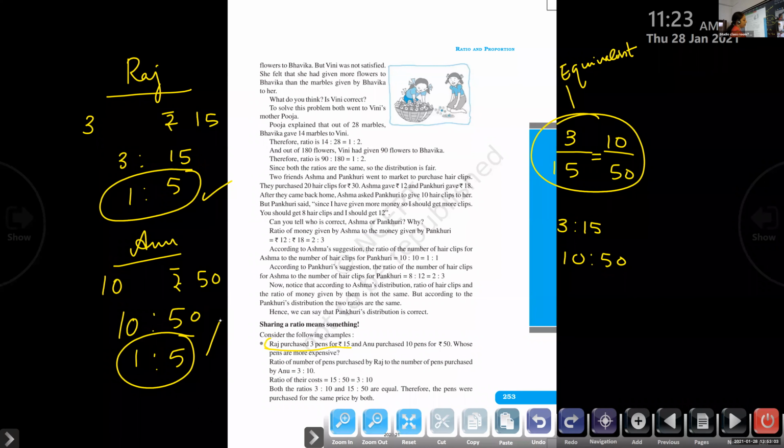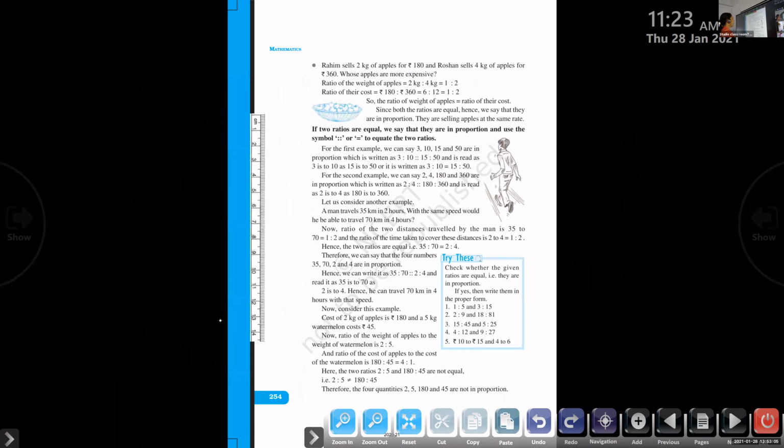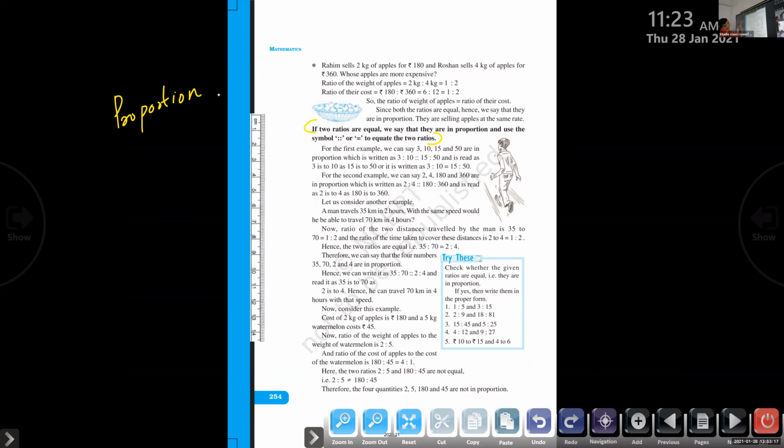Now, one more thing. See, children. Can you see this? Will you write the heading, proportion, now? Write the heading, subheading, proportion.